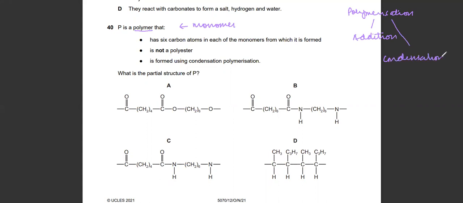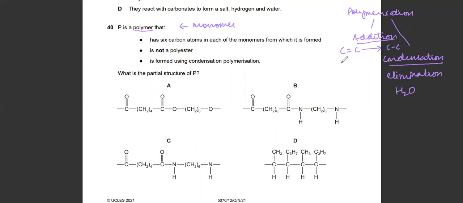In condensation polymerization, when two monomers combine together, elimination of a small molecule like water takes place. Whenever addition polymerization takes place, a double bond should exist in the monomer, which transforms into a carbon-carbon single bond.